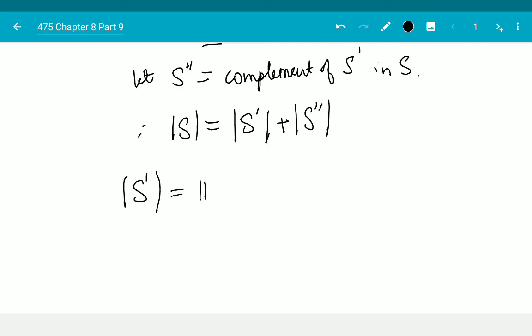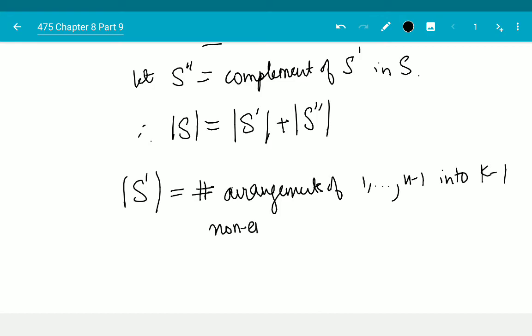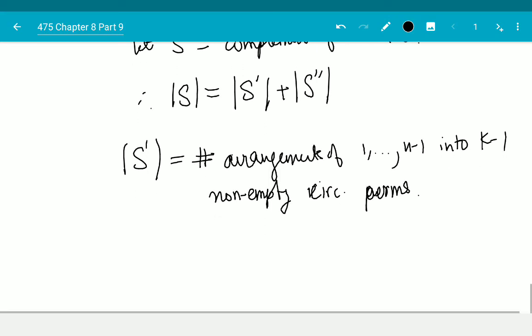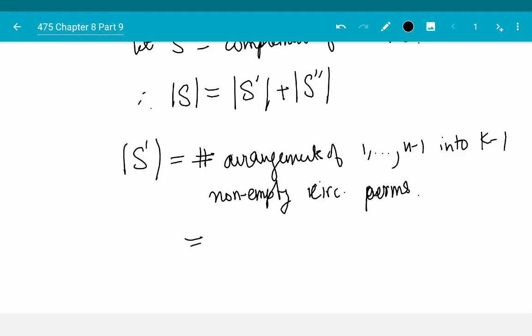So it is exactly equal to the number of arrangements of 1 to n minus 1 into k minus 1 non-empty circular permutations, since I'm just keeping n separately by itself, which is exactly S of n minus 1 comma k minus 1.